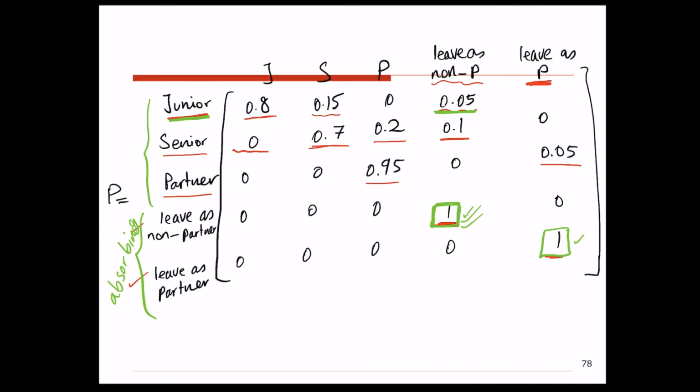So there is a path that can take me out of the junior status and never let me go back to that state. So that's the transient state for sure. How about the senior state? For the senior state, as we can see also, there is a path, there is a probability that can take me out of the senior state and takes me to one of the absorbing states.